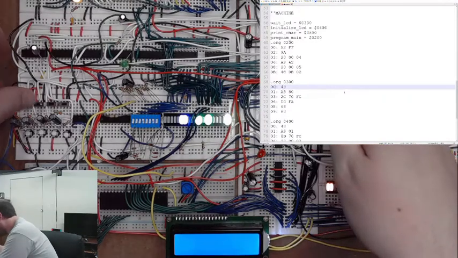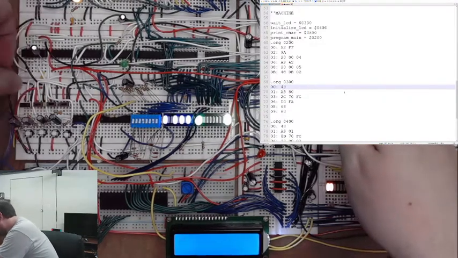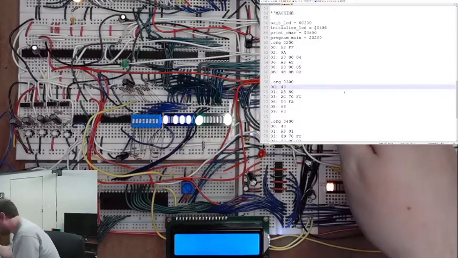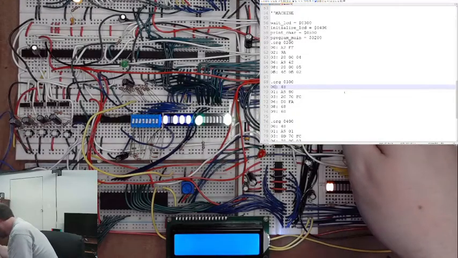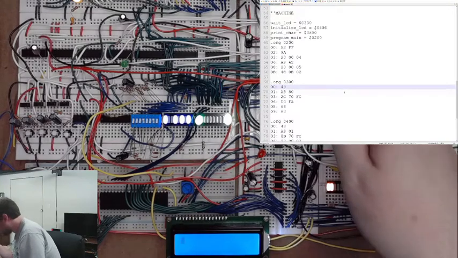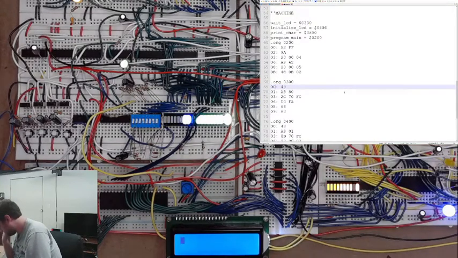Let's get this reset. Get it on the 1 second clock. Everything's enabled that needs to be. Okay, I think we're good to go. Oh, I have it paused.